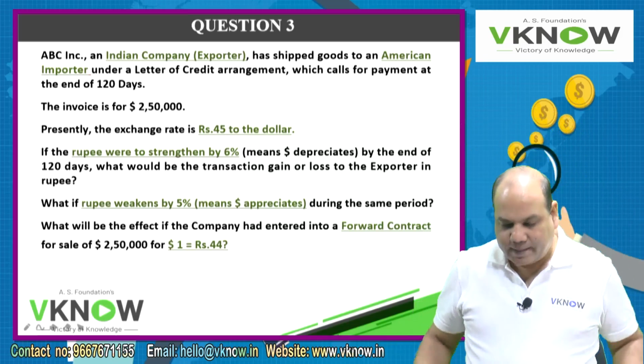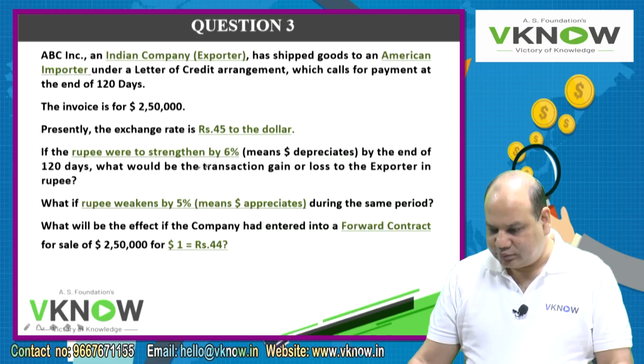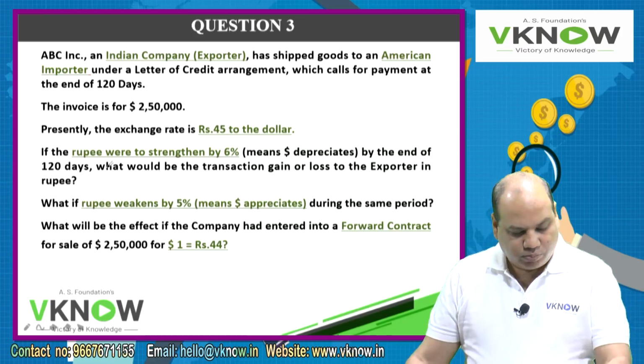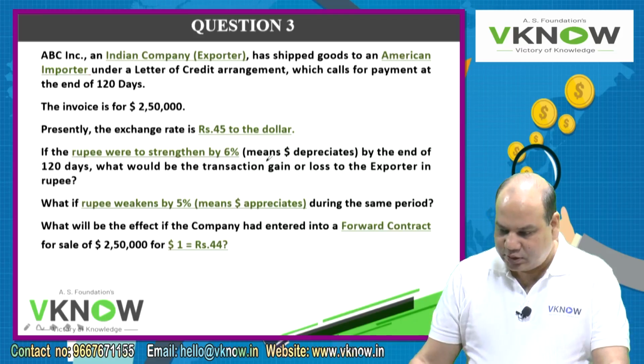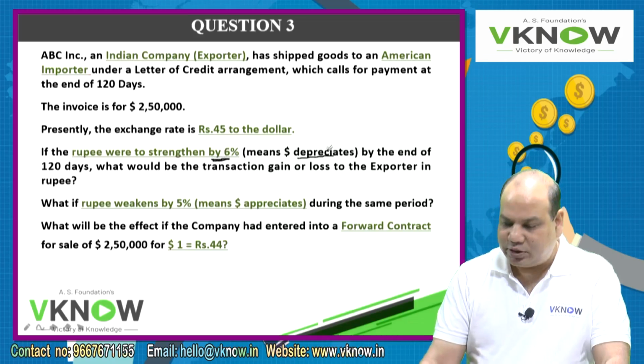So we will calculate at spot rate what amount we would have received. Next line, if the rupee were to strengthen by 6%, now what do you mean by rupee were to strengthen by 6%? It means dollar will depreciate. But please note, if rupee appreciates by 6%, it means dollar will depreciate but not by 6%.